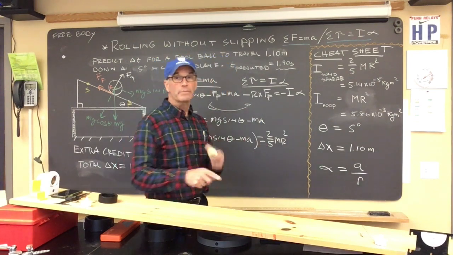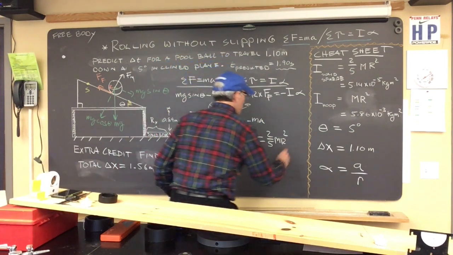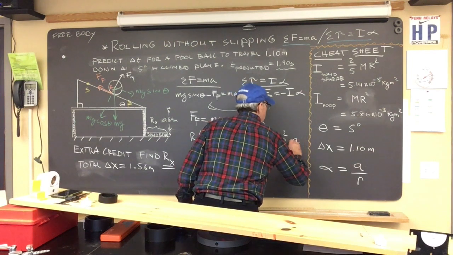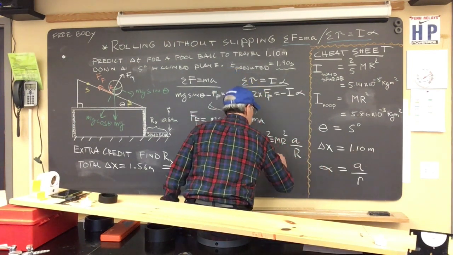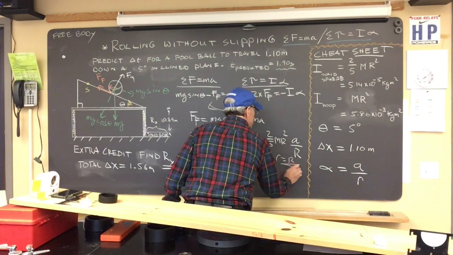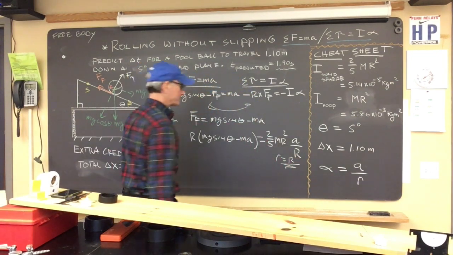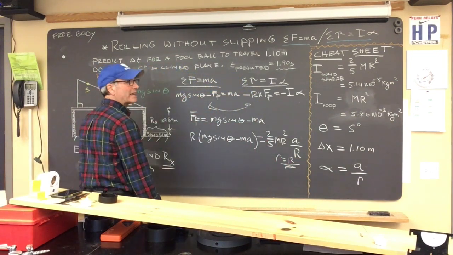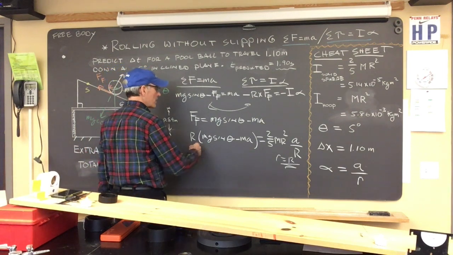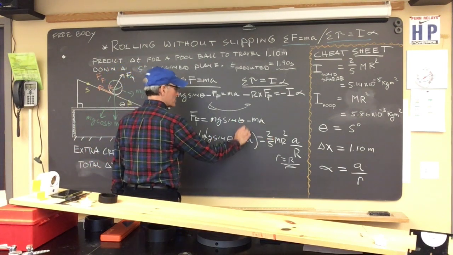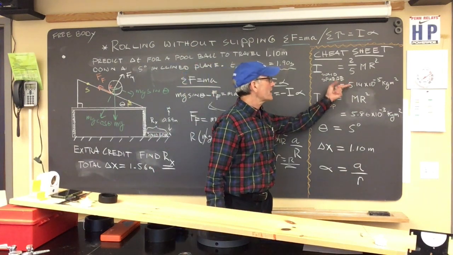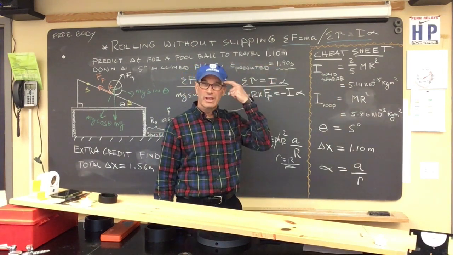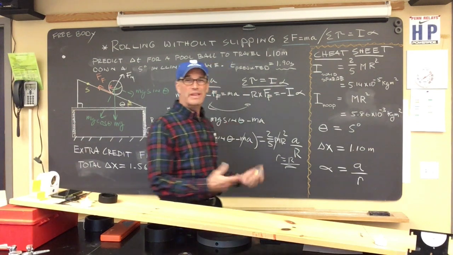So we're good. We're going to be able to cancel stuff. Okay. So that's going to be a over big R because little r equals big R in this case. But don't always assume that. All right, now we're going to cancel stuff. Okay, mass cancels. I always cry when I go to the extent of calculating rotational inertia. It's like, I didn't need to do that because mass cancels.